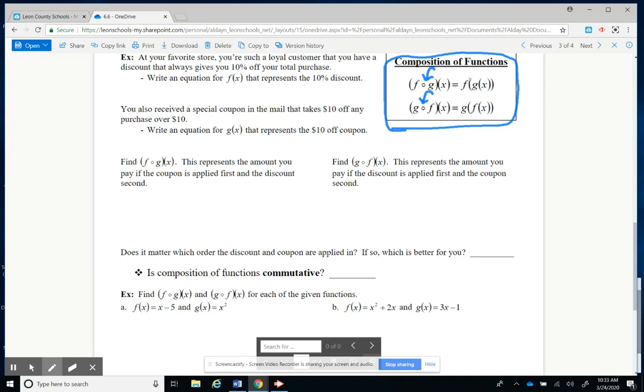So a composition of function pretty much tells you that you're going to be substituting. So what are you going to be substituting? You're going to take your g of x in this problem and you're going to substitute into your f of x. That's why they wrote it to the side another way.